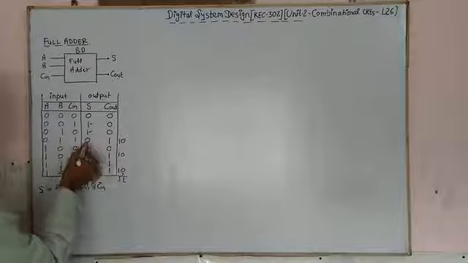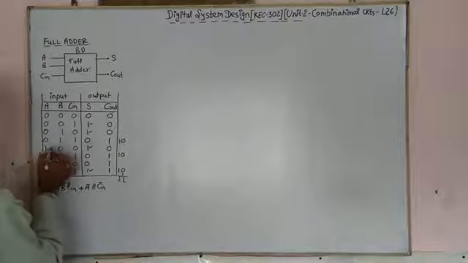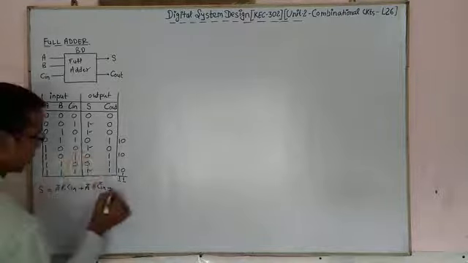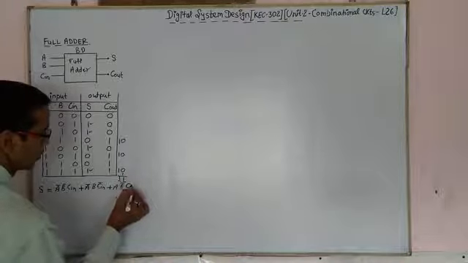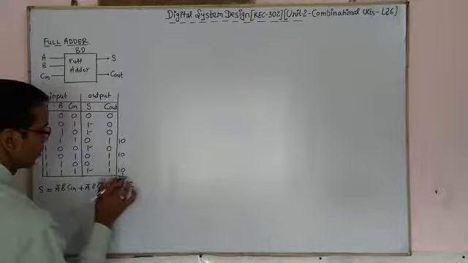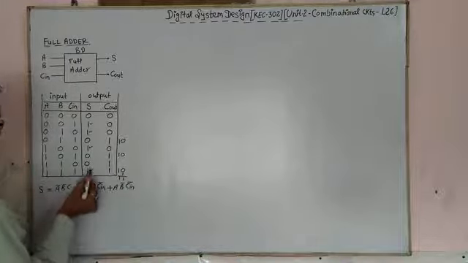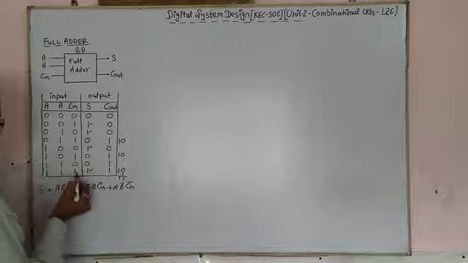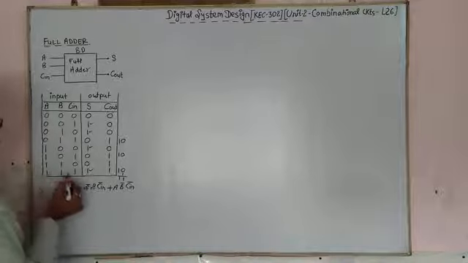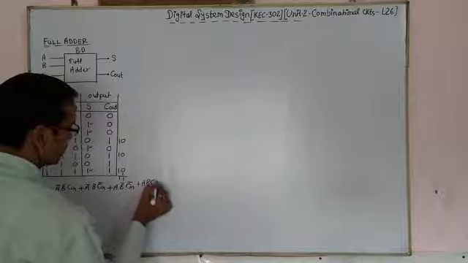And the third one is for the location of 1, 0, 0. The logical expression for 1, 0, 0 will be A, B bar, C in bar. And the last one is for the location 1, 1, 1, meaning A, B, C in.